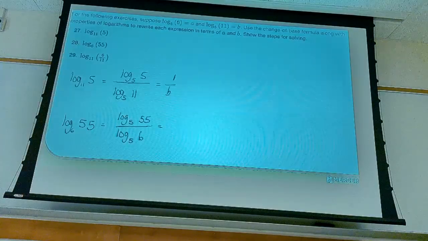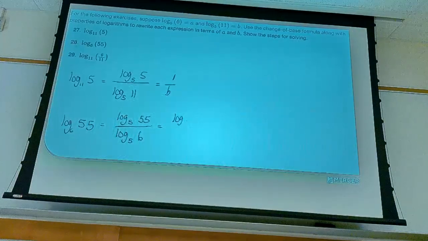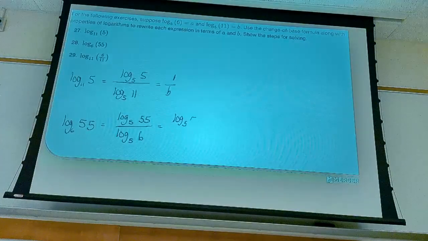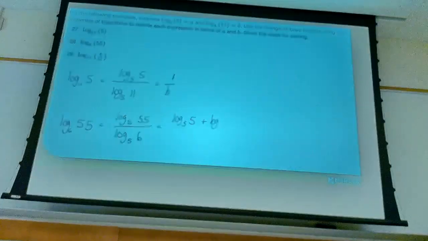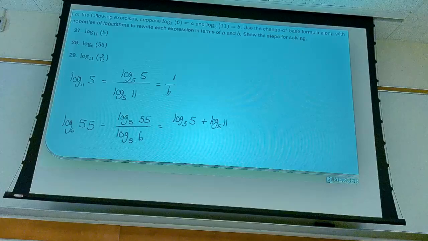And then that would be a product, right? So we can write log base 5 of 55 that way, right? Log of 5 plus log of 11, because 55 is 5 times 11.